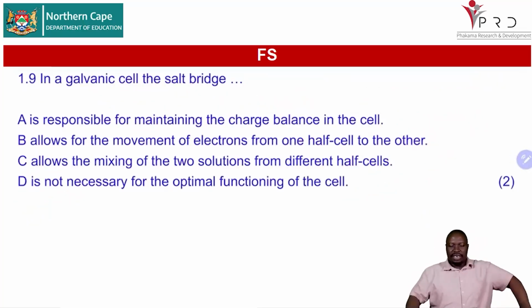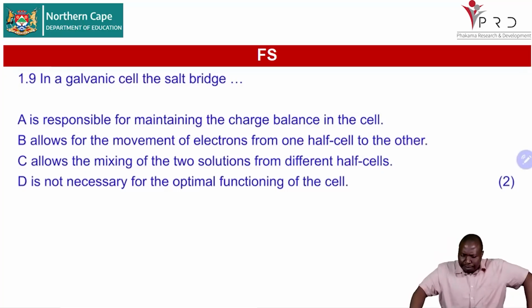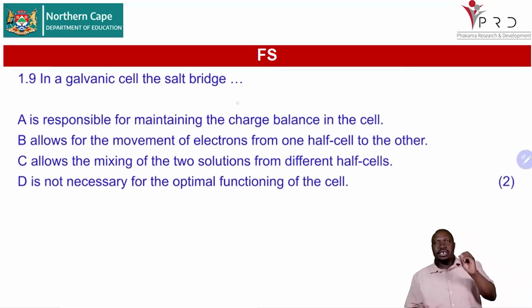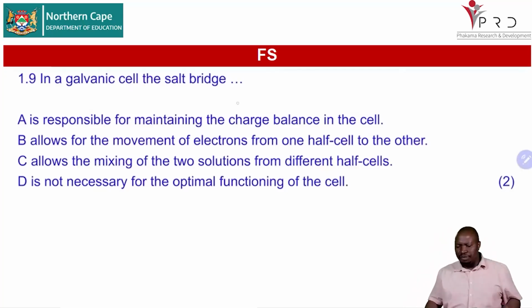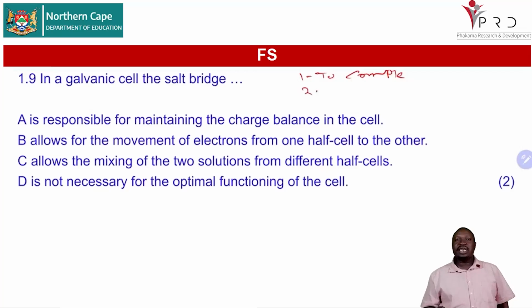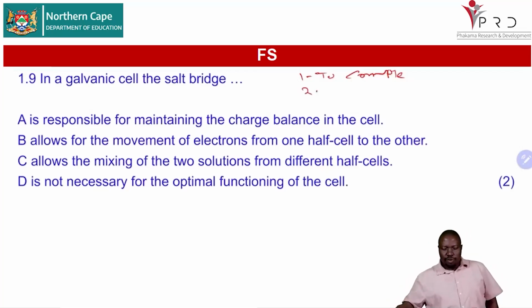Now they are saying, in a galvanic cell, the salt bridge is responsible for. Remember, this question is here to remind you of the functions of the salt bridge, to say what we use the salt bridge for. Remember, we use the salt bridge to complete the circuit and to maintain electrical neutrality. How do we do that?